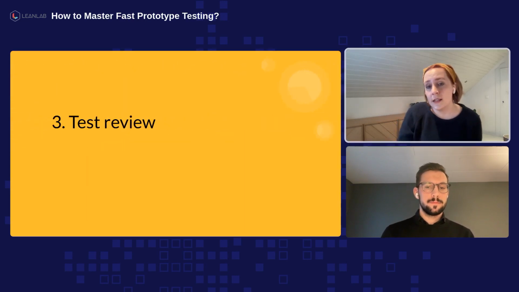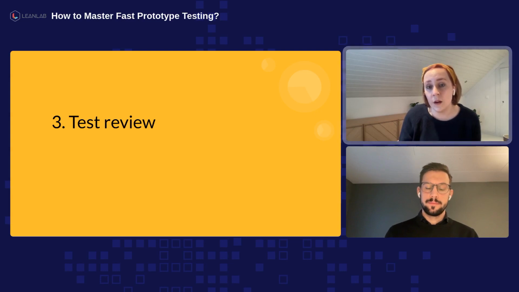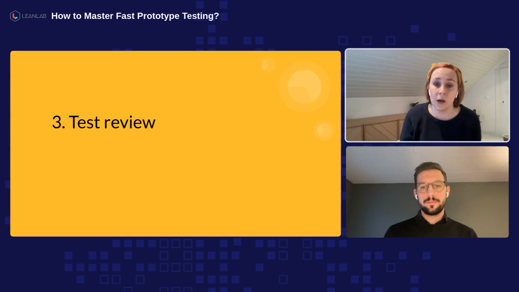As a third point, it's important to include test review as part of the prototype testing process. While this might feel like it adds an additional step that will slow us down, over time this will actually add speed to your process. And particularly when we're including unmoderated testing as part of the process, it's important to review if the test has worked. Have our users understood the prototype? Have they understood the test that they're taking part in?